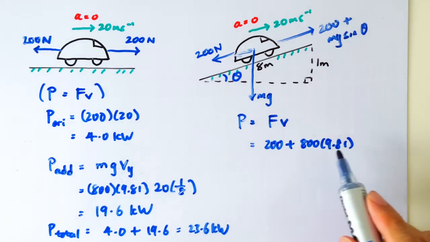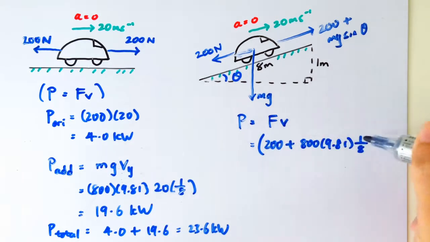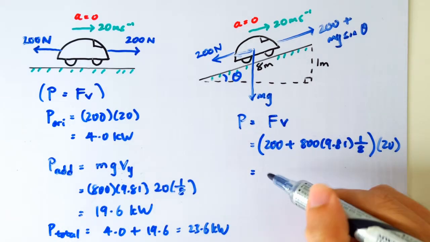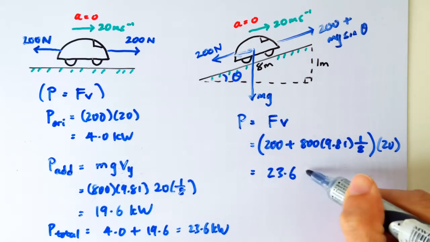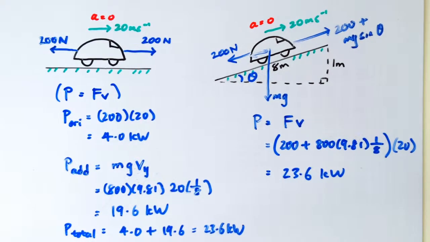So that's the driving force multiplied by the speed 20. You will get the required power, and it's the same answer. So either way, it's up to you. You will get the same answer.